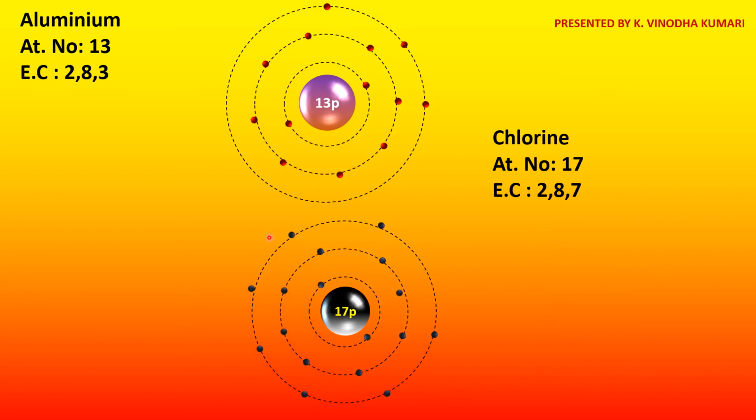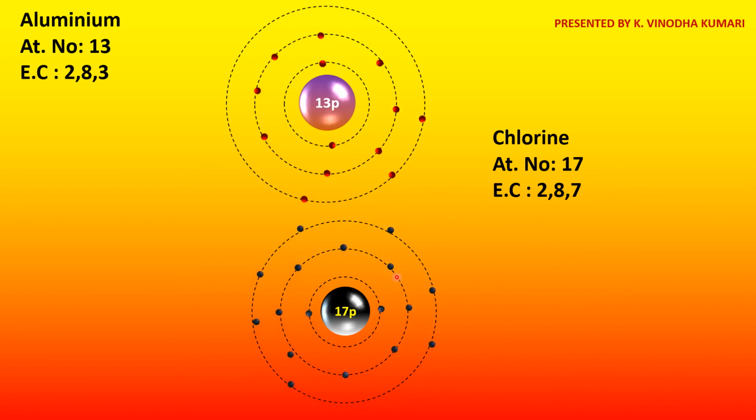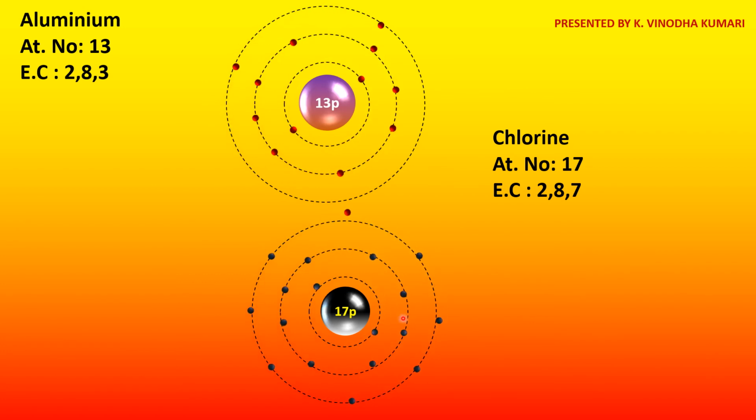So it requires 1 electron. It gains the electron from aluminium. Yes, see, it has got 1 electron, so its configuration has become 2, 8, 8.